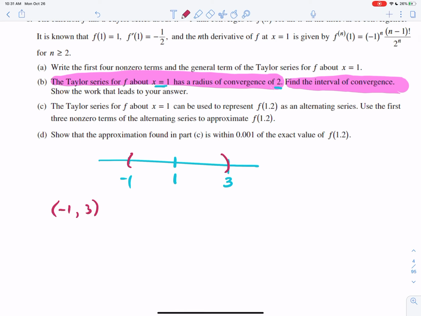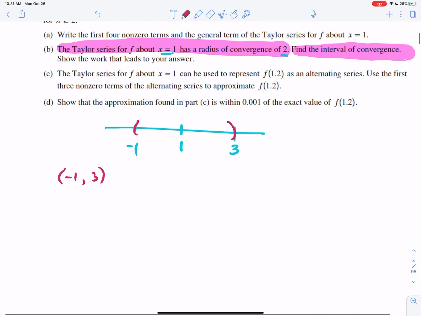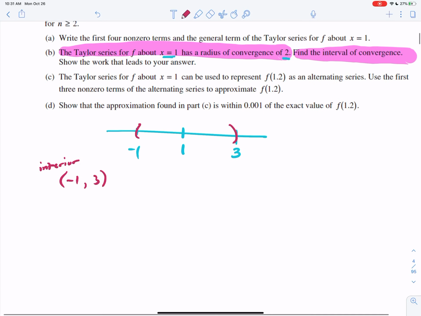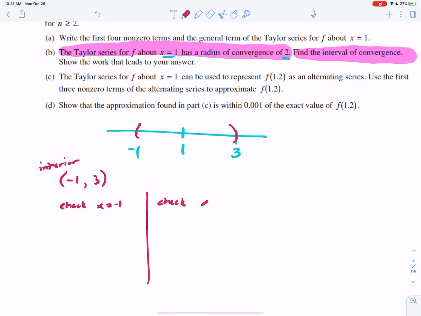But if you guys remember, after your ratio test, you guys have to check the endpoints, okay? So this is just the interior. You don't have to write it, but it's just for notes, okay? So what you have to do is you have to check what happens when x equals -1, and we have to check what happens when x equals 3.